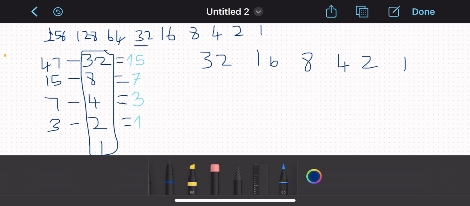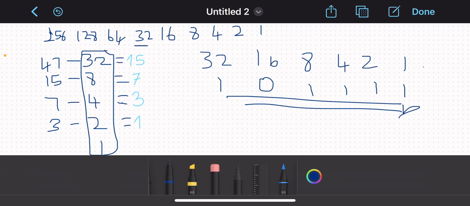Is 32 part of the numbers? Yes. Is 16 part of the numbers we subtracted? No. Is 8 part of the numbers? Yes. Is 4 part of the numbers? Yes. Is 2 part of the numbers? Yes. Is 1 part of the numbers? Yes, it is. And this is our final answer for 47.